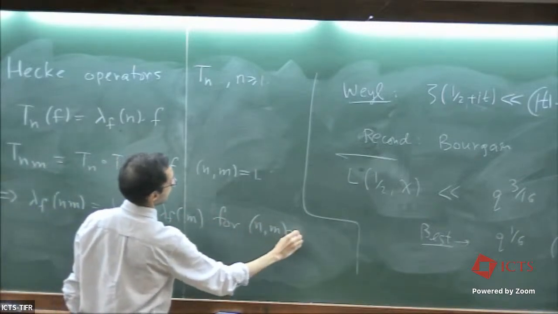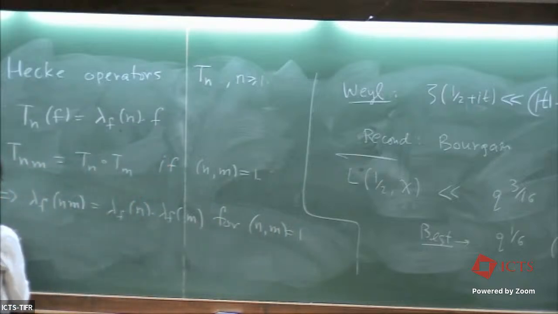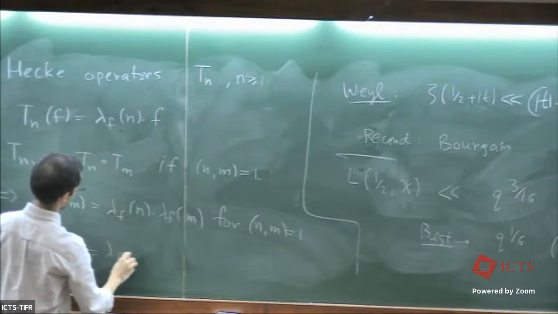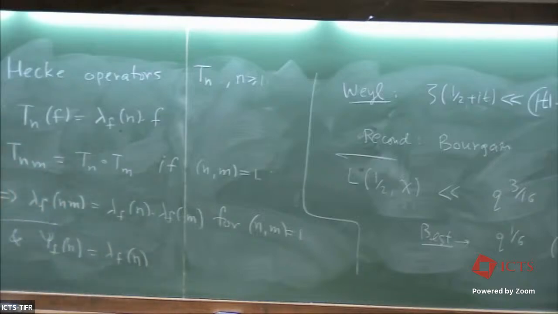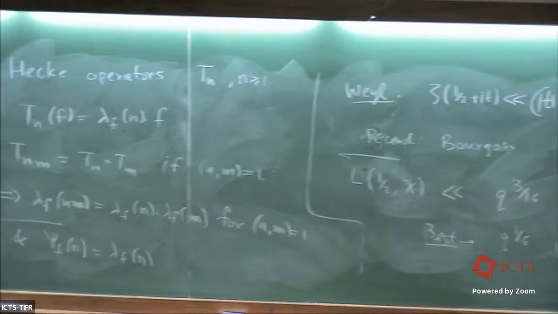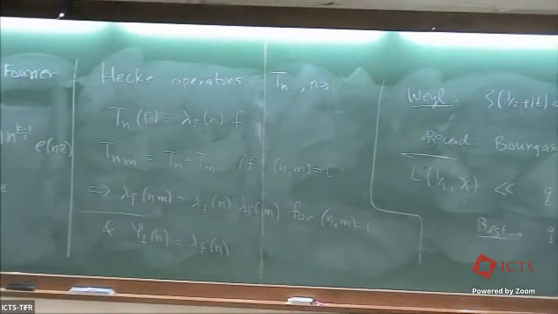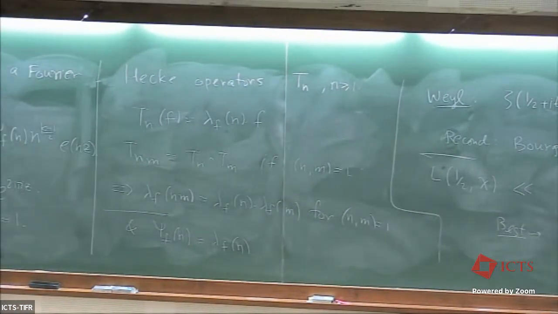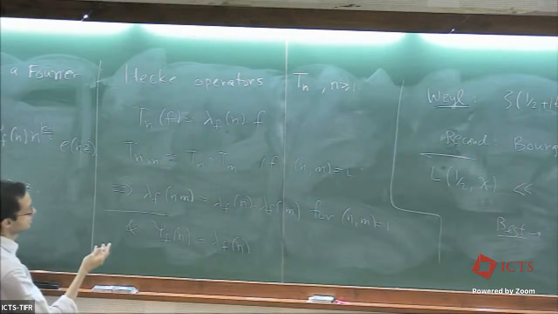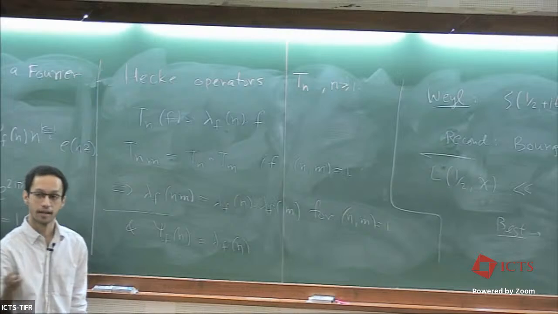It's actually not tough to show that if you normalize your Fourier coefficients appropriately, then those are exactly the Hecke eigenvalues. That shows you the multiplicativity of the Fourier coefficients. And once you have the multiplicativity, you can associate an L series, and you can write its Euler product.